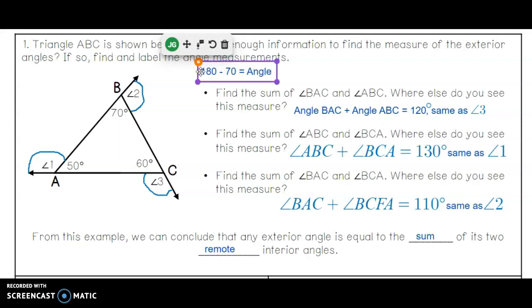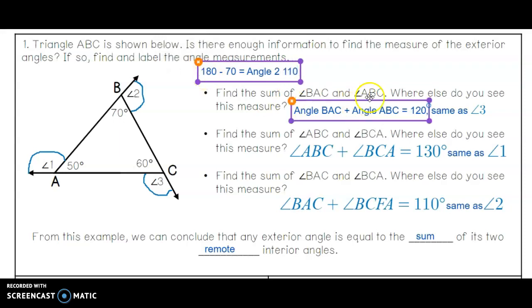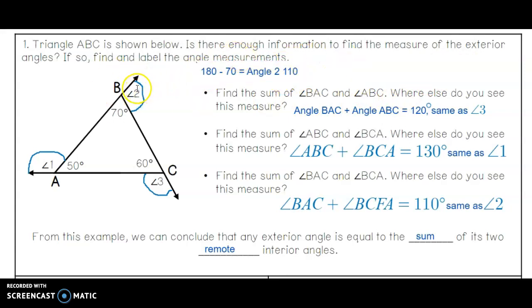So based on what you've previously learned from lessons 1 through 3, you will see that angle 2 equals 110 degrees. So there is enough information for us to be able to find at least angle 2. And we can use that same principle to find angle 1 and angle 3.